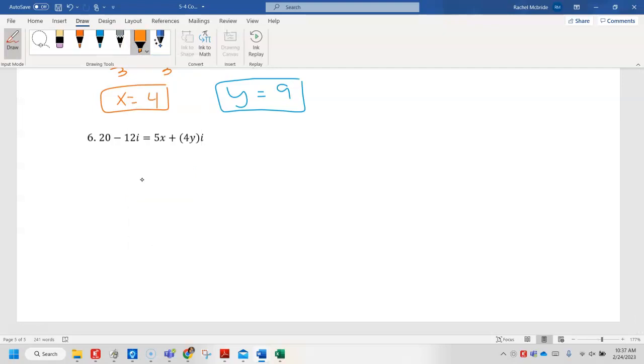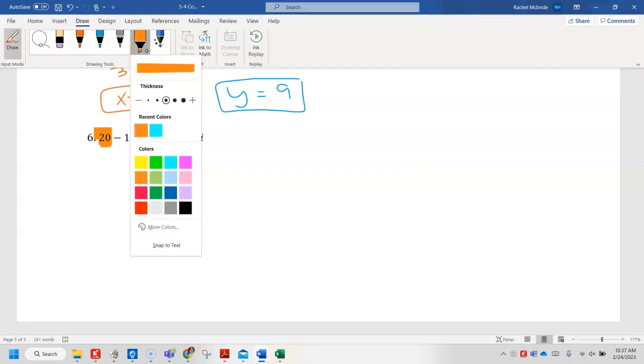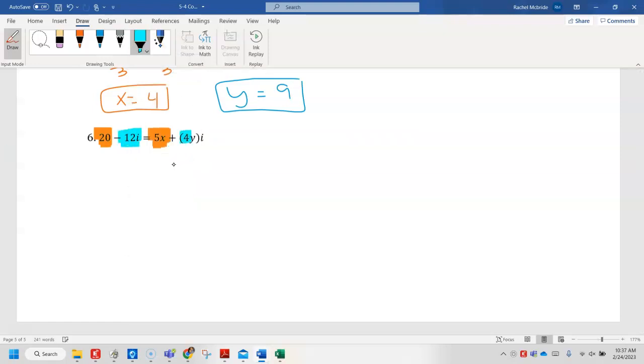Once again, you want to look at the problem and identify the reals. What does not have an i being multiplied by it? And then identify what does have an i being multiplied by it. Set the real stuff equal and the imaginary stuff equal. So 20 is going to be equal to 5x, and negative 12 is going to be equal to 4y.